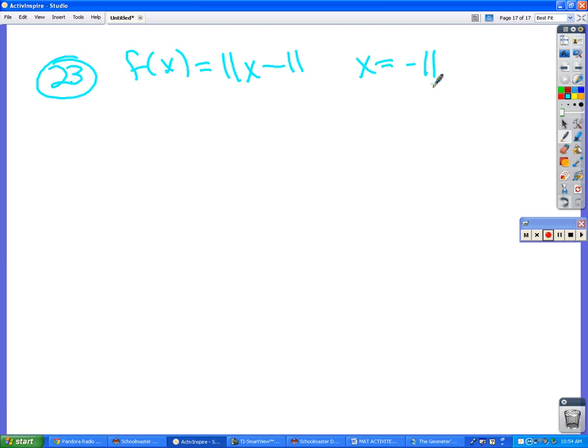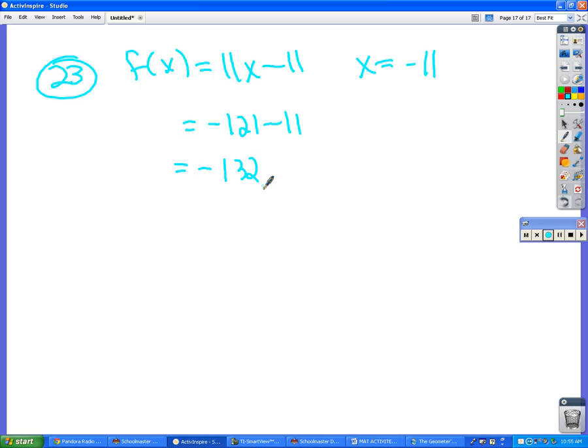All you have to do is plug in the -11 for the x. So what's 11 times -11? -121. Minus 11 is -132. You got it? Okay, so the notation was confusing you a little bit? I just didn't know how to do it at all. But do you get it now?